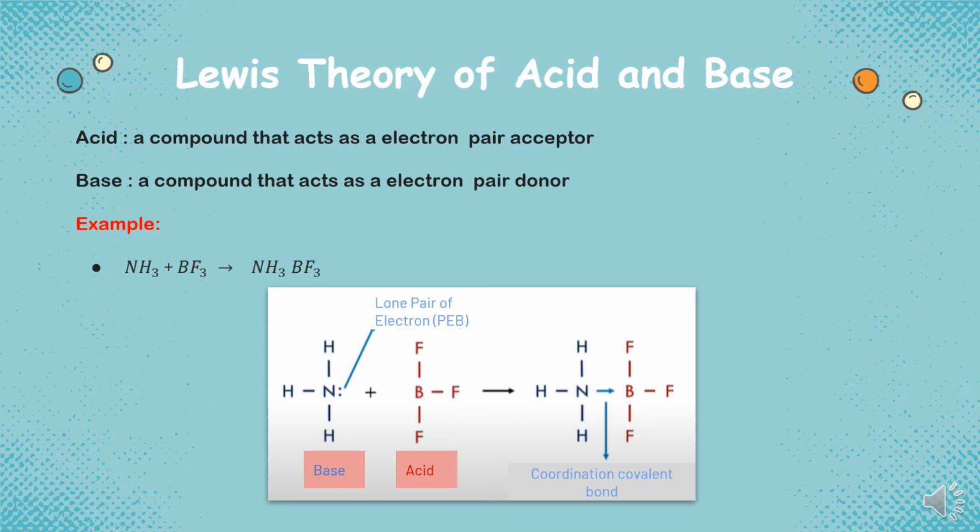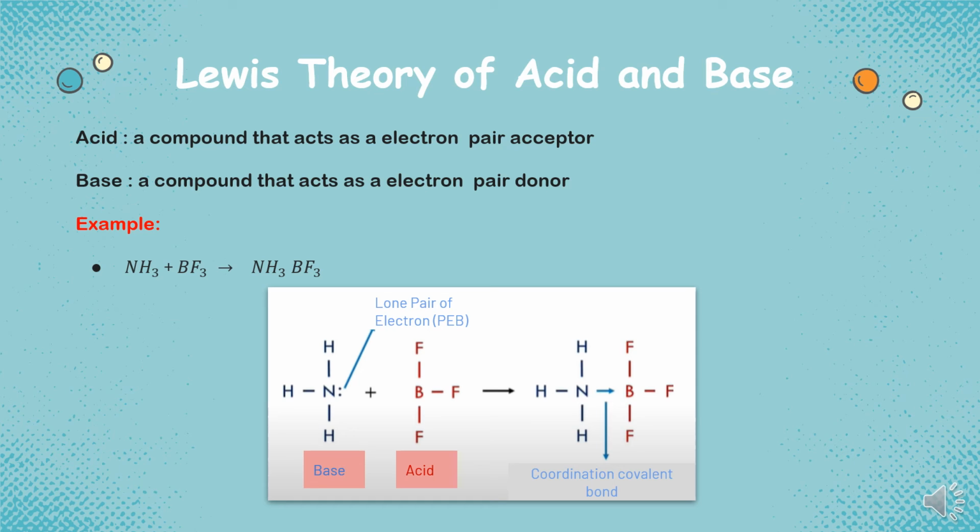We can describe the structural formula of NH3 by looking at N as the central atom, which has one lone pair of electrons. For BF3, we can describe the structural formula by looking at the B atom as the central atom, which does not have a lone pair of electrons.